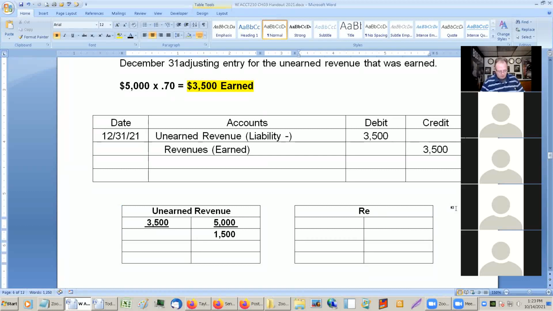And we will still pick up 3,500 of that.